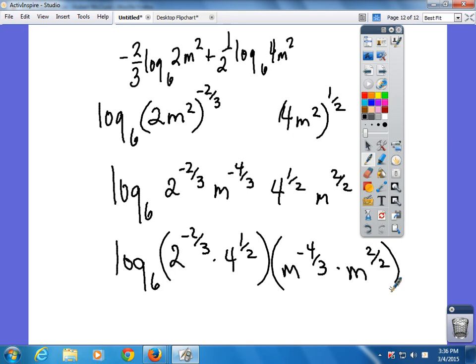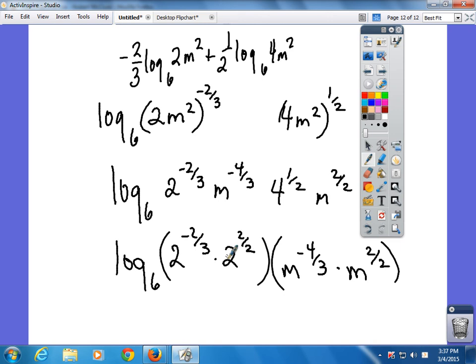Now, I can't change these, I can change this to 2 to the 2/2. Everybody with me? So times 2 to the 2/2. And if you don't believe me, what's the square root of 4? 2 to the first power.